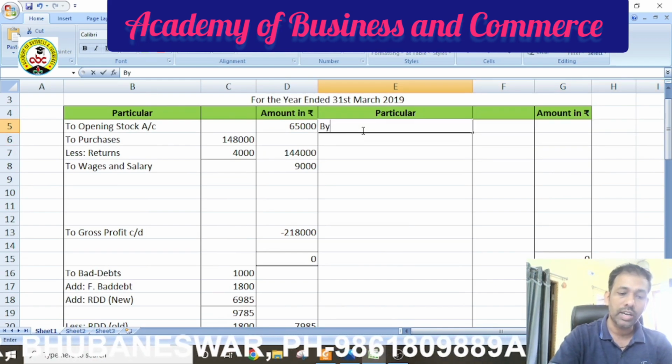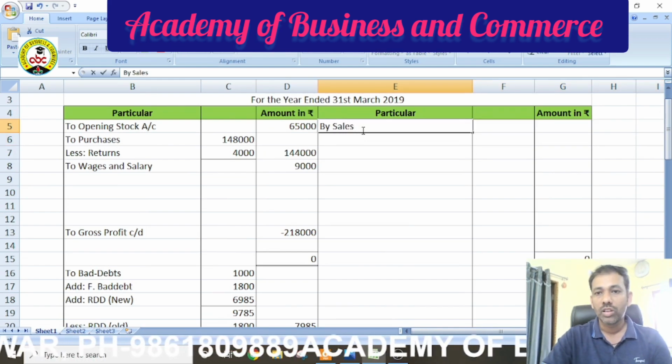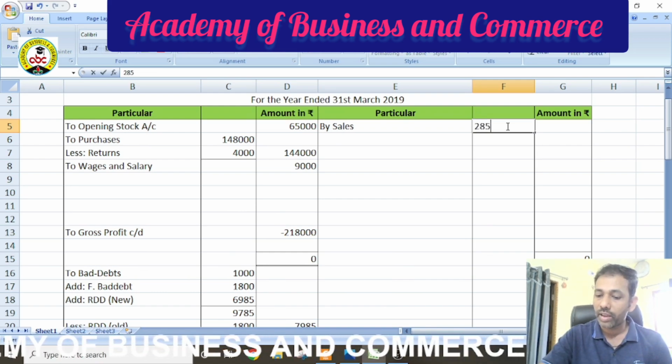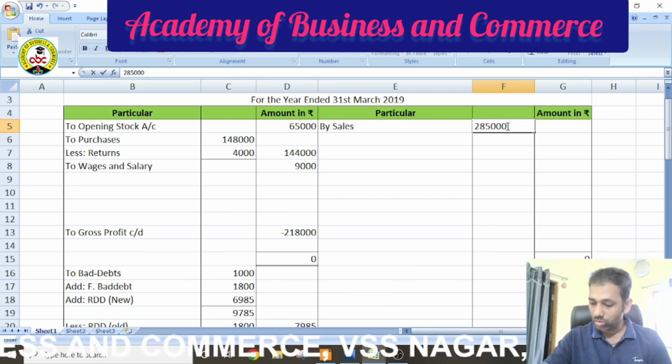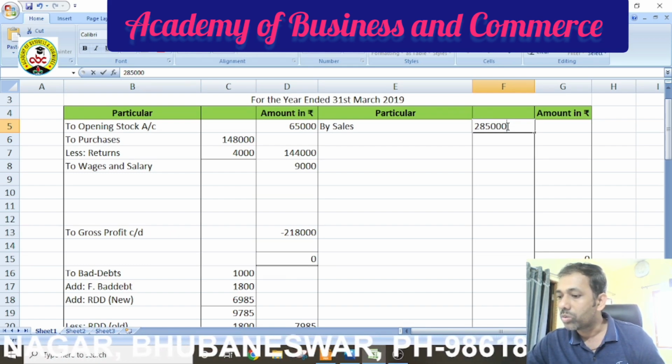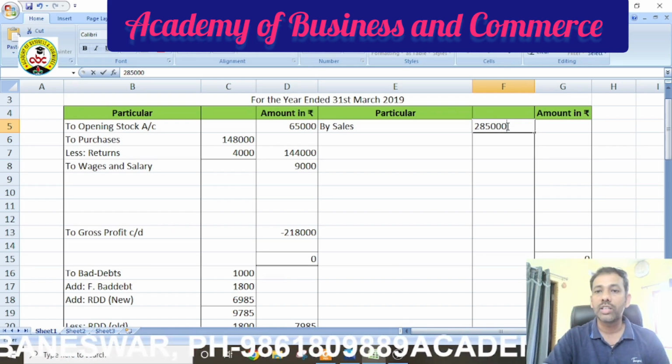So first we write By Sales, which is given in the trial balance as 2,85,000.